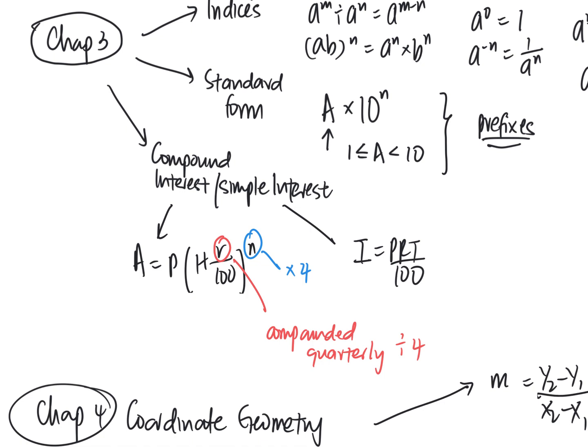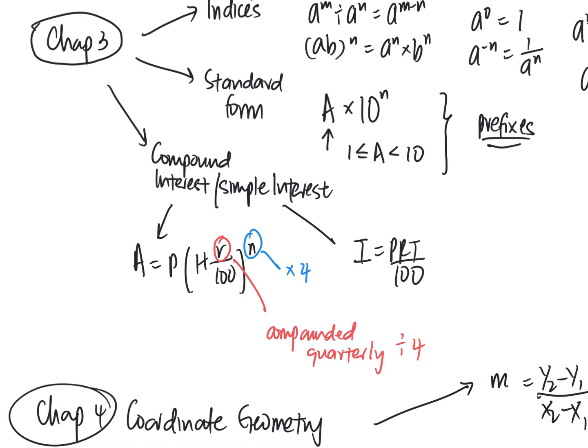Okay, one more formula: y equals mx plus c. This is the gradient. This is the y-intercept. And then the last formula is the length formula. You just need to memorize the difference of x coordinates squared plus the difference of y coordinates squared.